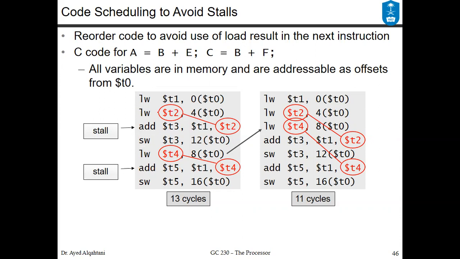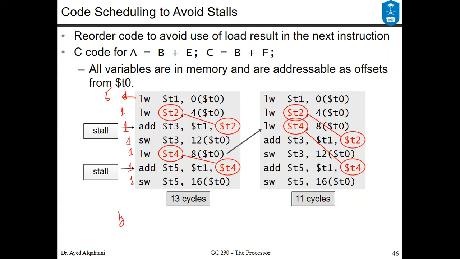And because of this, this code needs to finish in 13 cycles. Because the first instruction will take 5 cycles. For each of the 5 stages, it will take 1 cycle. So it needs 5 cycles. And then each following instruction will take 1 more cycle.